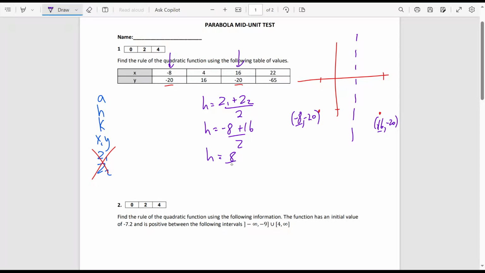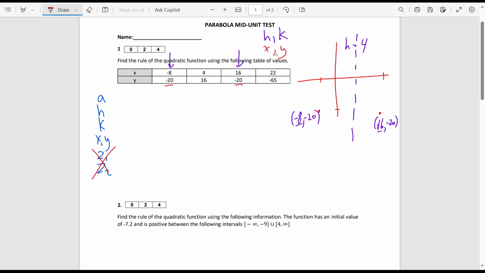So it's just going to be 8 divided by 2, h is equal to 4. And again, you don't have to use this formula, you can also just kind of eyeball it and do some logical reasoning. But if I know that my h is 4, well, looky here, that value there is 4. For h and k, the h is the x value of the vertex.